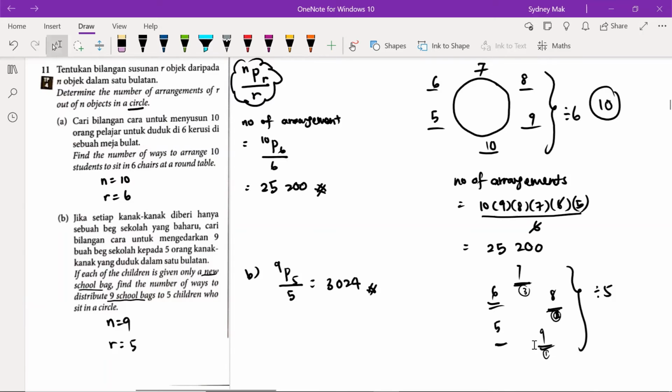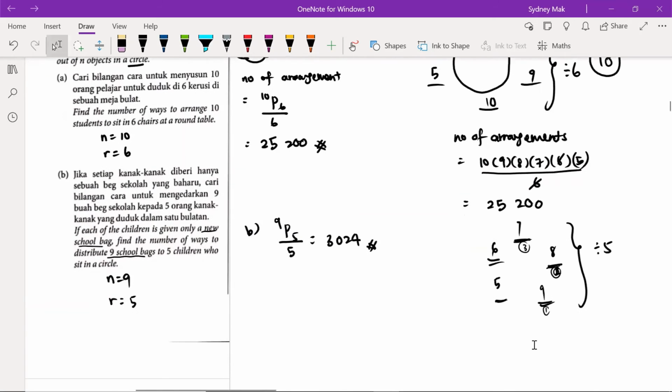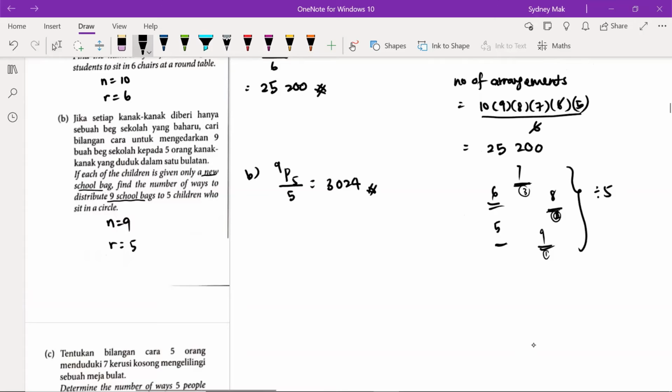So the number of arrangements is equivalent to 9 times 8, 7, 6, 5, and then divided by 5. Simplify.